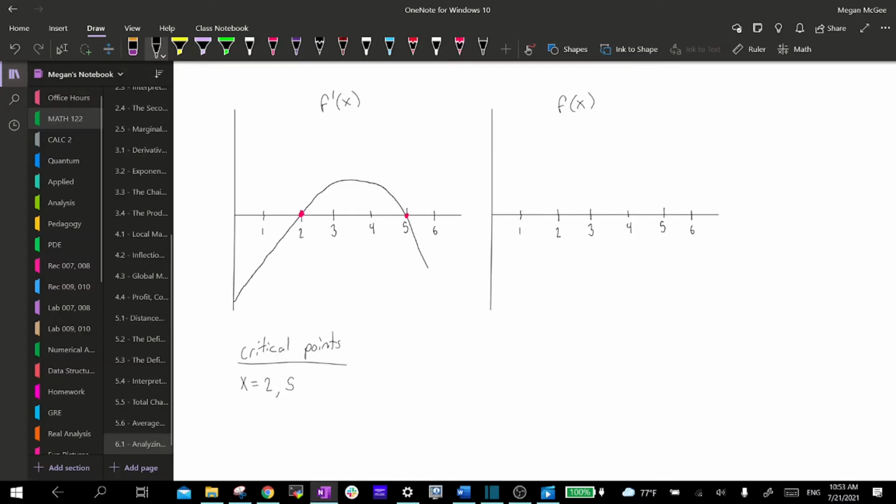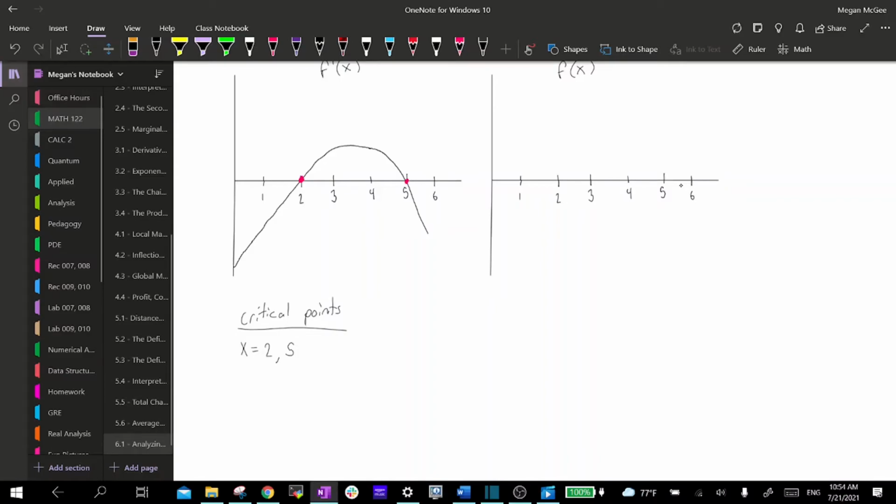And we can also decide if these are any kind of local extrema. On the left-hand side of x is equal to 2, we are negative. And on the right-hand side of x is equal to 2, we are positive. So we do change sign at x is equal to 2, and we go from negative to positive, which means x is equal to 2 is a local min.